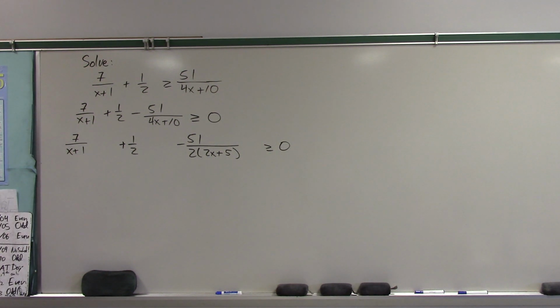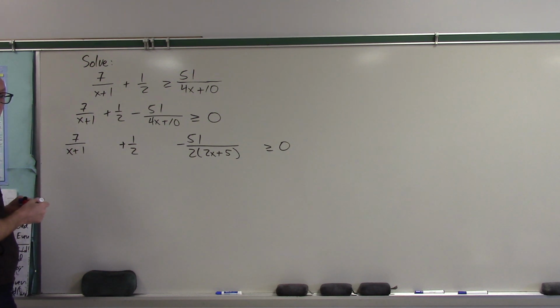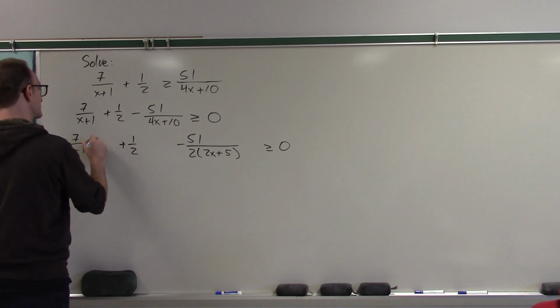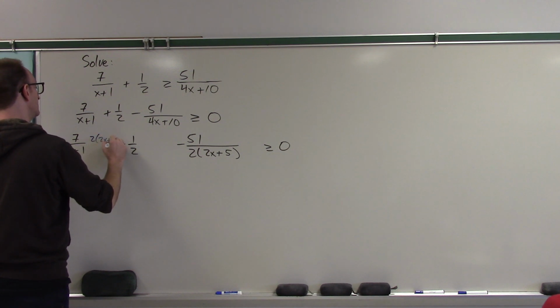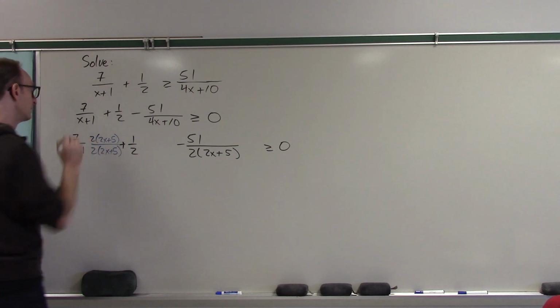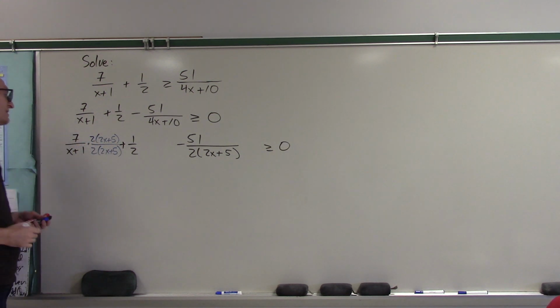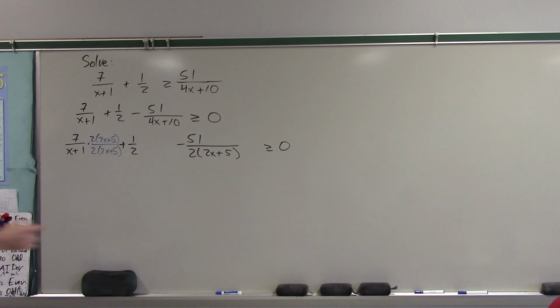And what kinds of things do I have to do to get a common denominator? Well, this denominator is missing a 2 and a 2x plus 5, yeah? So that's exactly what's needed. I think it's a good habit to just actually write that in. And what's this missing?